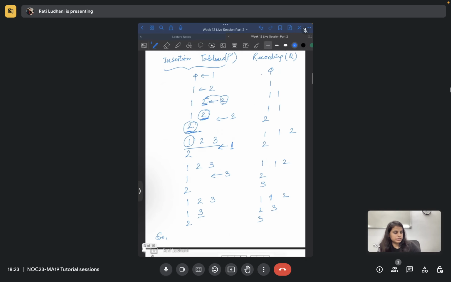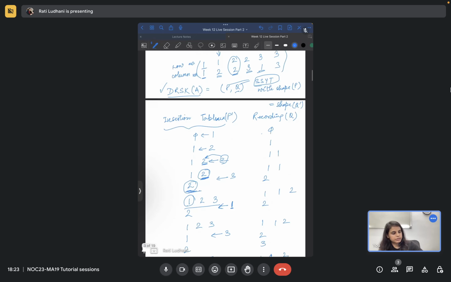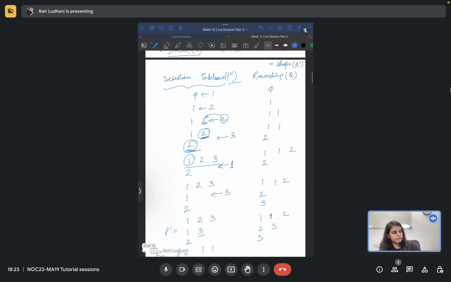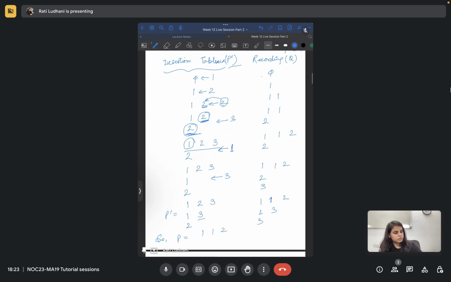And P is we interchange rows and columns, columns are rows, exactly. So what will P be? P is equal to P dash. So this is P dash we are calling, as we started with that. So P will be 1 1 2, 1 1 2 2 2 3 3 3, first row, second row, and third row.